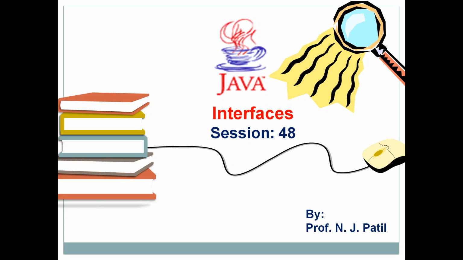Interfaces only provide the skeleton, whereas the implementation details need to be provided by the classes which inherit the interfaces. So in today's session we will discuss how an interface is created and inherited in Java. So let's start.